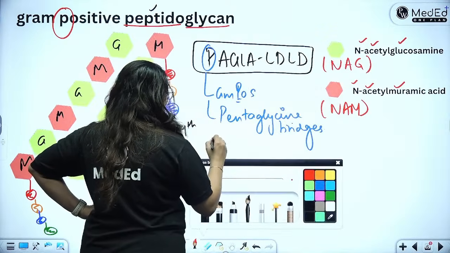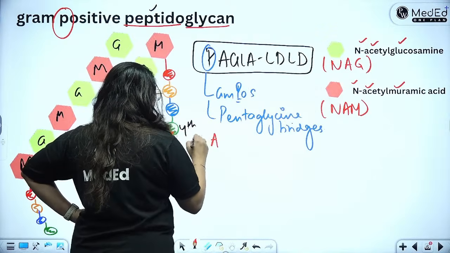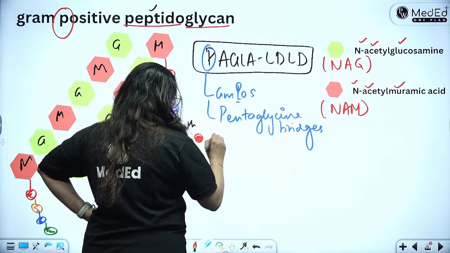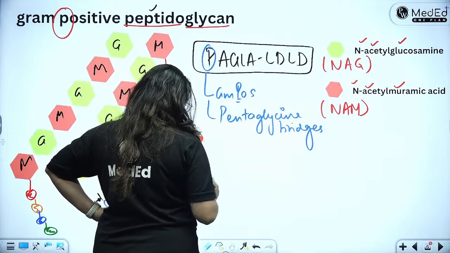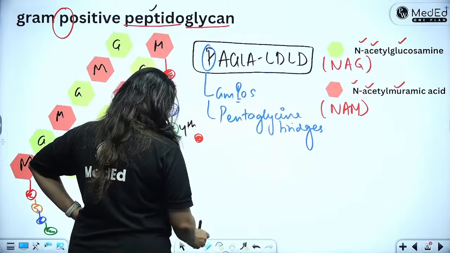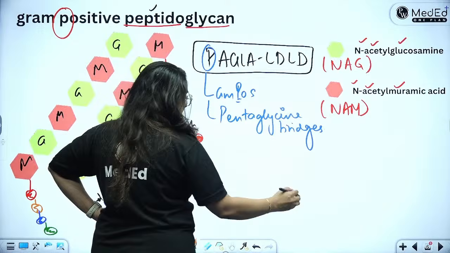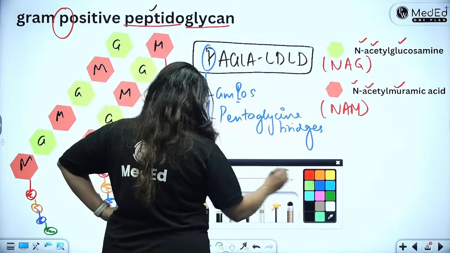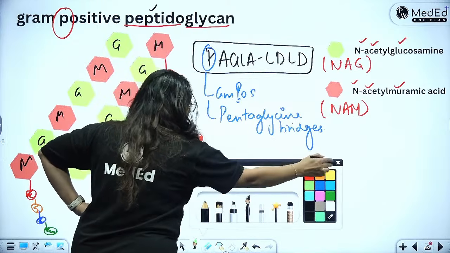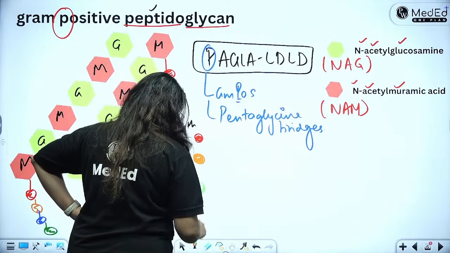Then you just draw. So the red molecule is A. Okay, first let's write LD, LD. So what were the molecules? There was the red molecule, there was the orange molecule, there was the blue one, and then there was the green one.